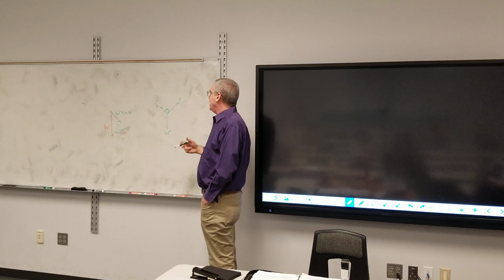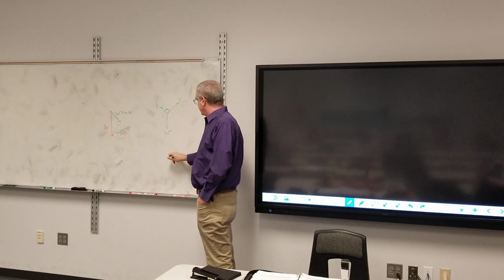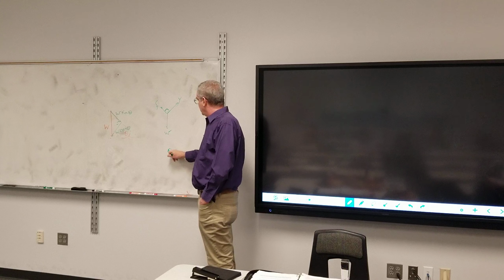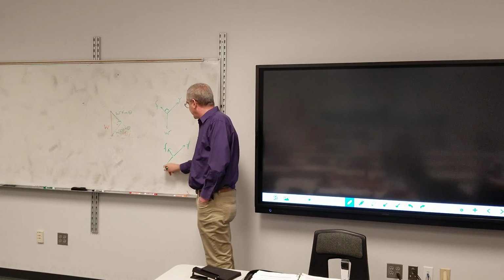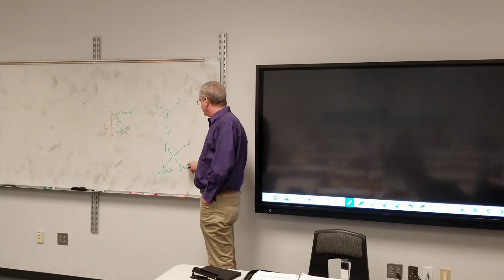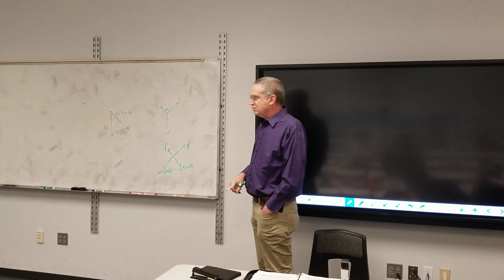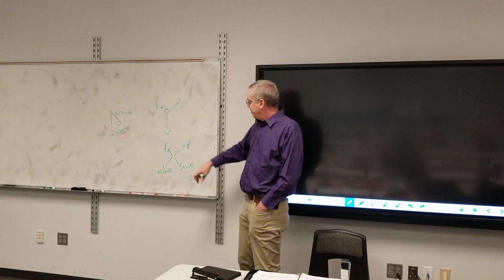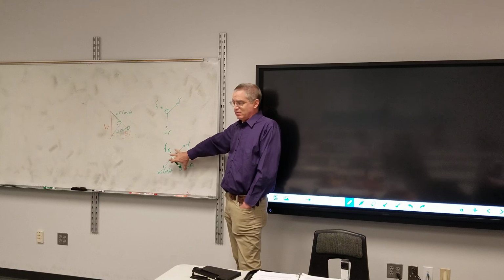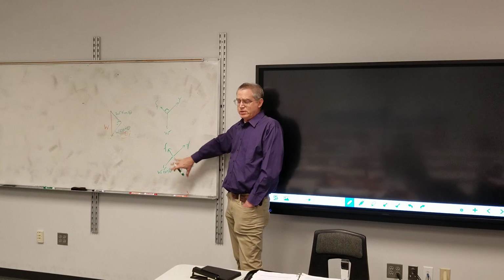I made the claim that when we break weight up, this is the same as friction going that way, normal force going this way, and then we break it up into W cosine theta, W sine theta. So I made the claim that this is the same as this, just that we can put this into equation form much more easily.